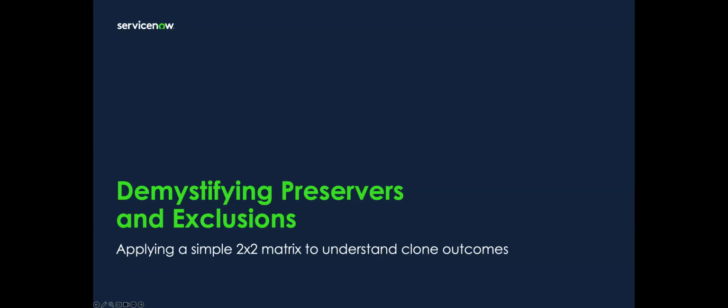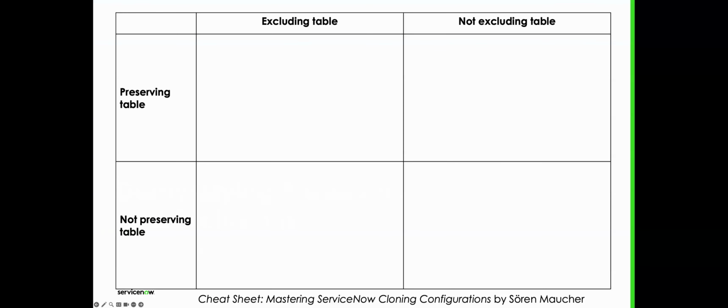All right, one of our favorite topics, preservers and exclusions. And as you have questions about this, please feel free to type them into the chat and we'll get to them. We get a lot of questions on preservers and exclusions. In fact, as I was looking through this, I found a great article that was looking at how we make sense of all the different interactions.